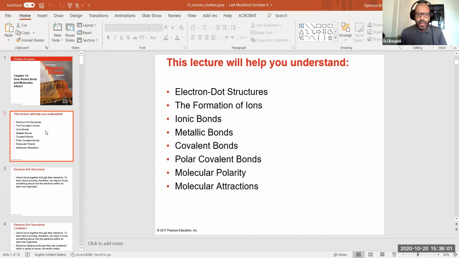Polar covalent bonding, now you're talking about a different kind of interaction in which you have an imbalance. You have one atom that has a lot of positive protons inside its nucleus because it's heavier, and a lighter atom that has fewer positive protons inside its nucleus.